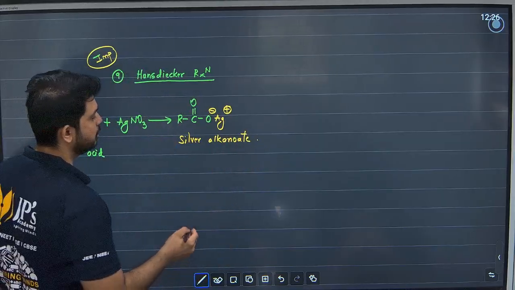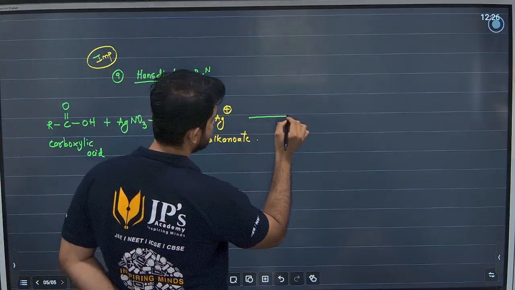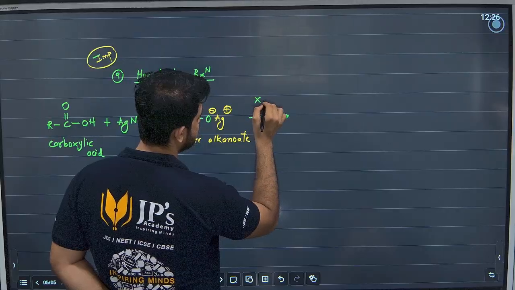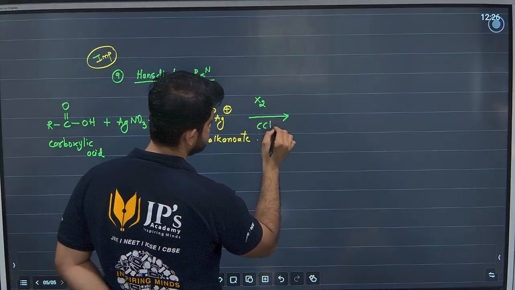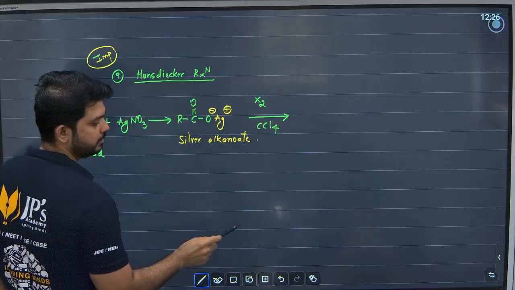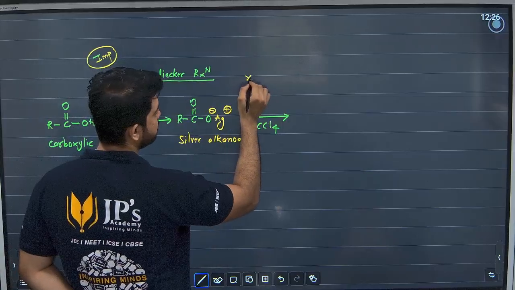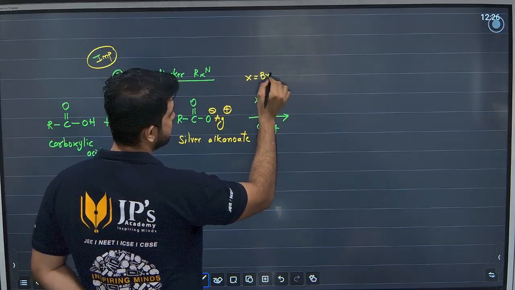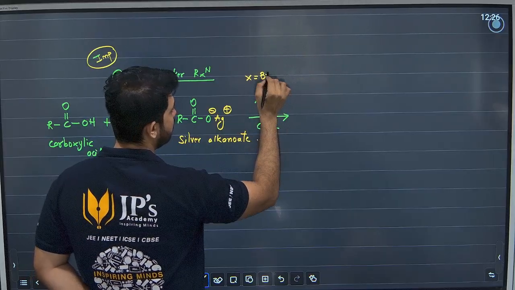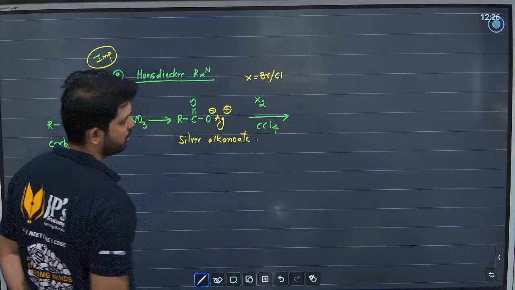Now this silver alkanoate with X2 and CCl4, non-polar solvent, and usually X over here is either bromine or chlorine.